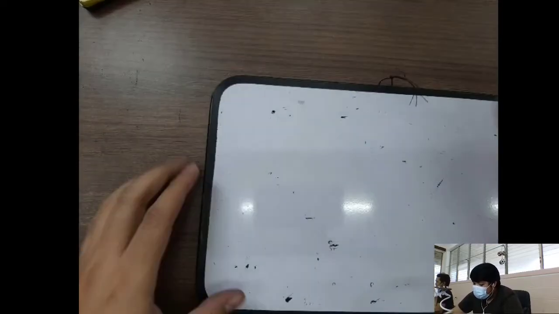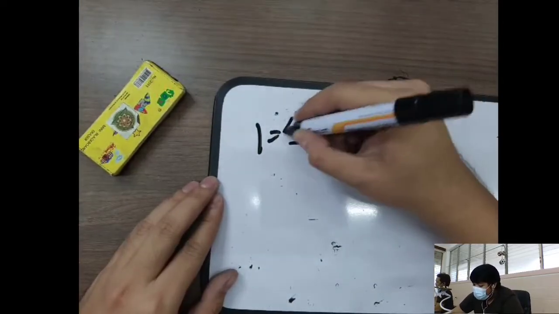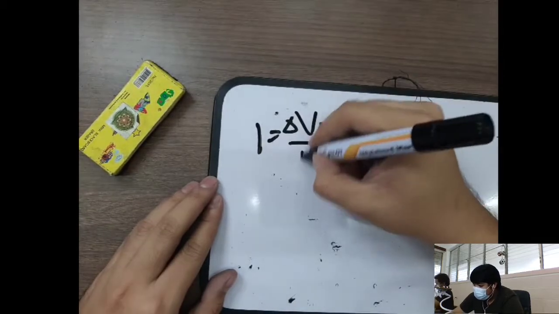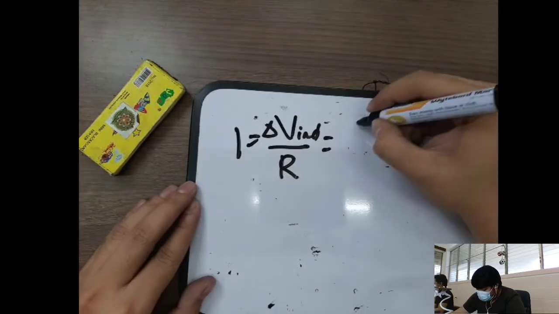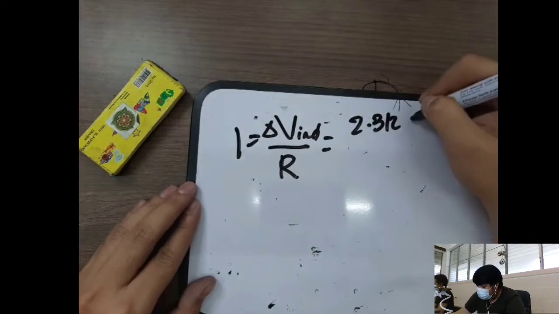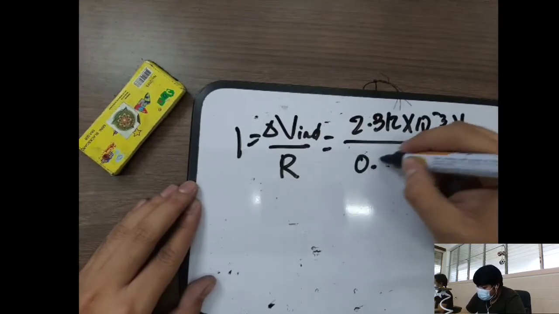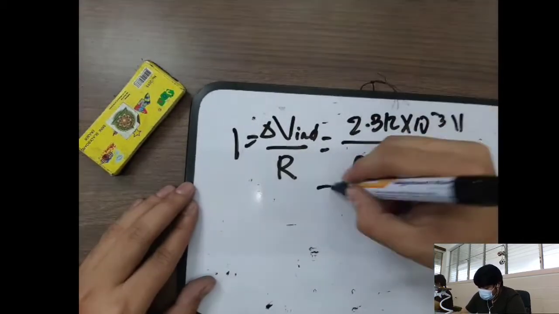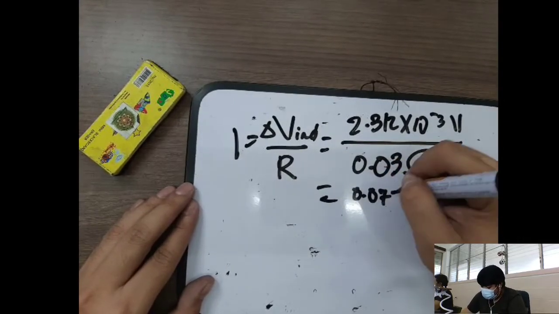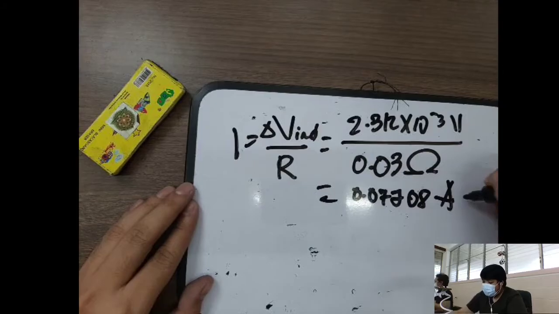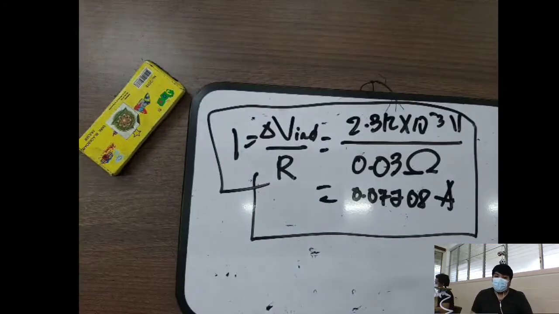So by Ohm's law, current is equal to voltage, or induced voltage, over resistance, which is equal to 2.312 times 10 to negative 3 volts divided by 0.03 ohms, which is equal to 0.07708 ampere. Okay, that's it.